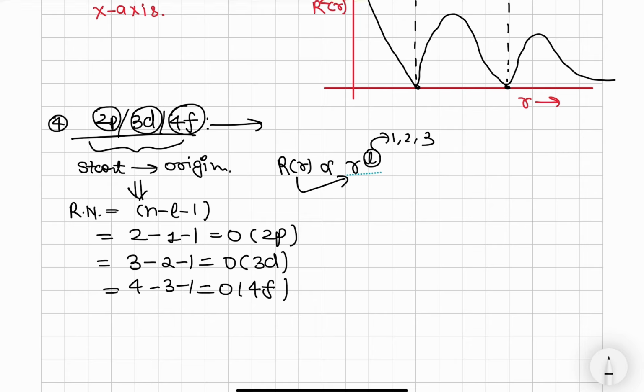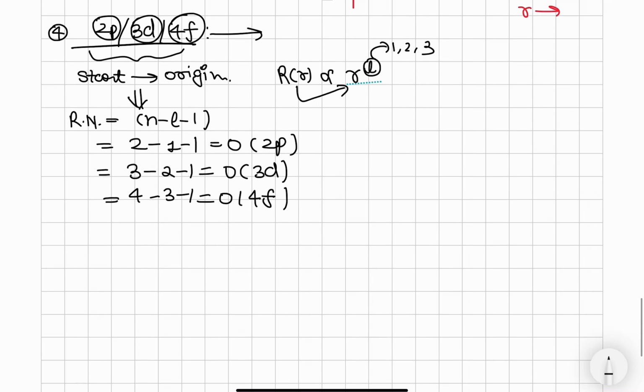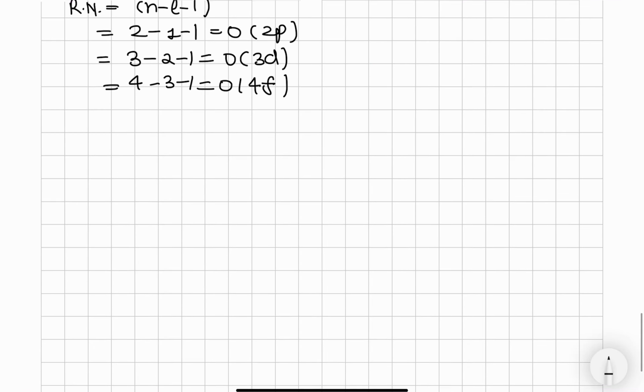For all three types of orbital, graph will start from origin, and for all these three types of orbital there is no radial node. That's why all these three orbitals have similar type of graph. Like we will draw it.